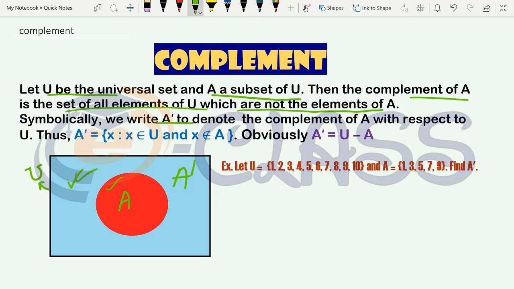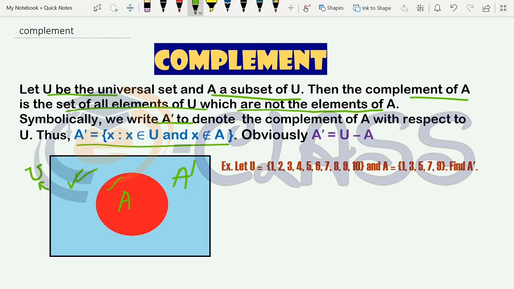A dash is a set, so we can represent it as A dash equals {x : x belongs to U and x does not belong to A}.